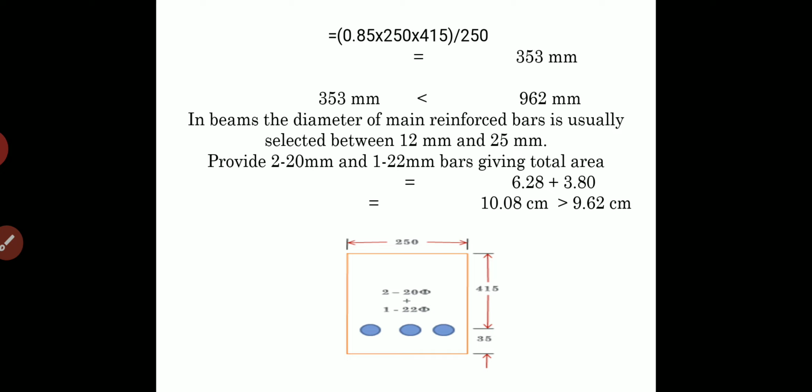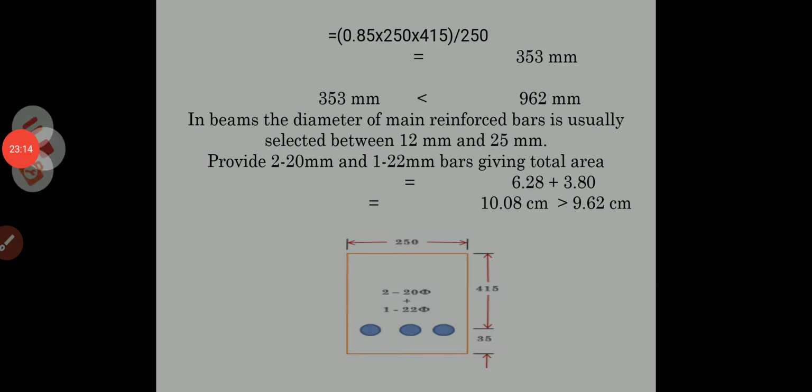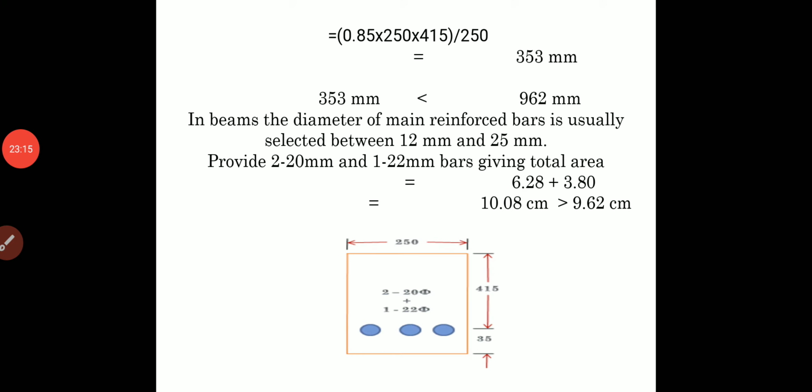The sum of these values is 10.08 centimeter square, which is greater than 9.62 centimeter square. So we can design the singly reinforced beam as per the limit state method.